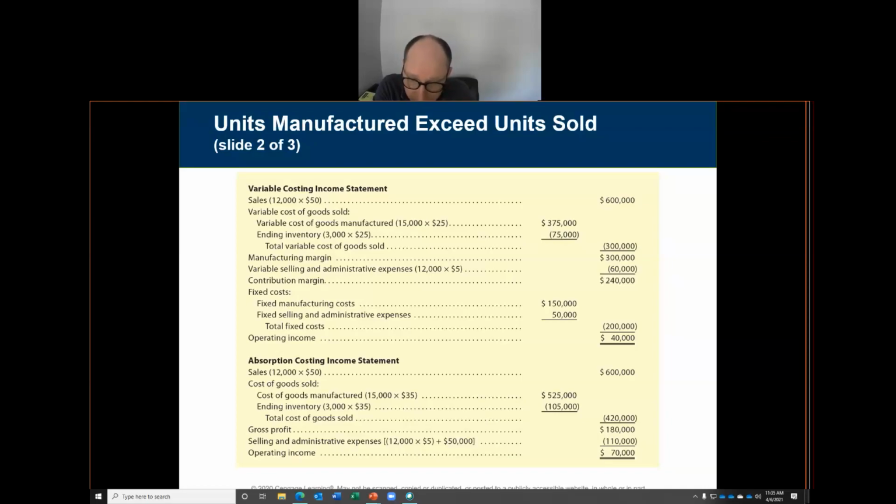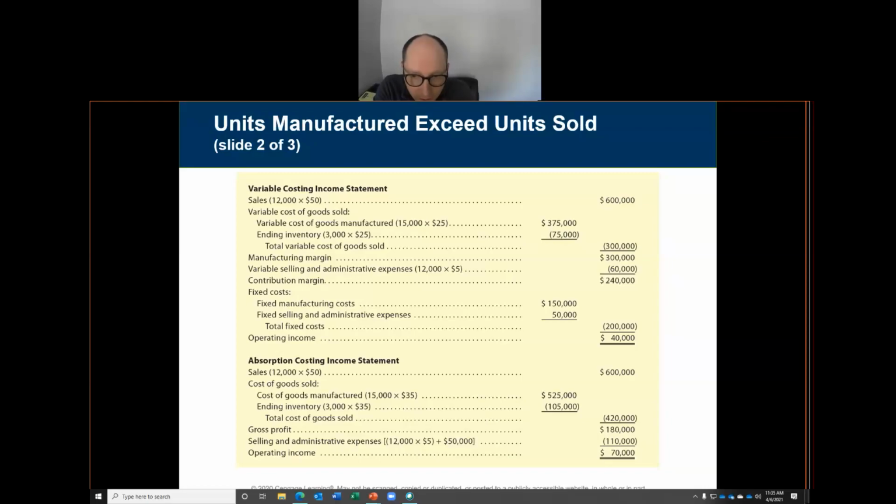We made 15,000 units. We have an ending inventory of 3,000 units at $35 per unit. Cost of goods manufactured minus your ending inventory equals your cost of goods sold. Sales minus cost of goods sold equals gross profit minus selling and administrative expenses. Again, in absorption costing, we have both variable and fixed together. Gross profit minus selling and administrative expenses equals an operating income of 70,000.